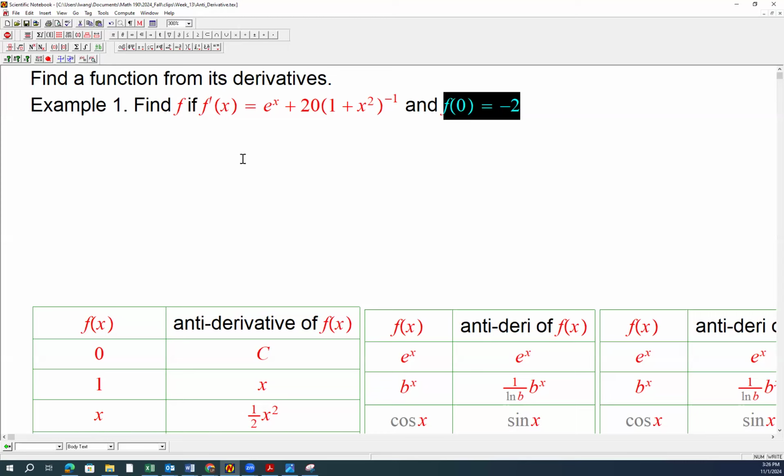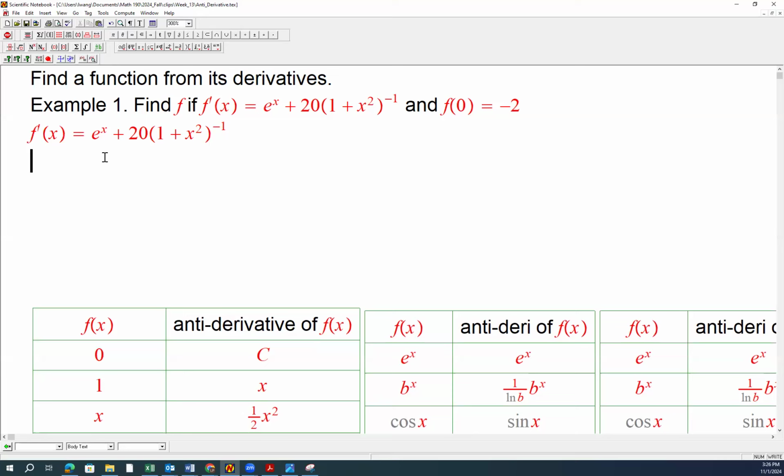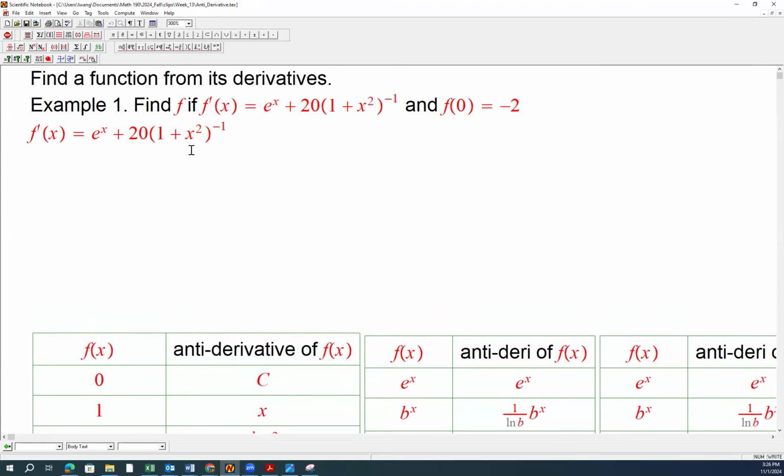Without further ado, let's get started, okay? We have the first order derivative, and from it we're going to find f, right? Of course, we know all of these properties, we only have addition and subtraction.